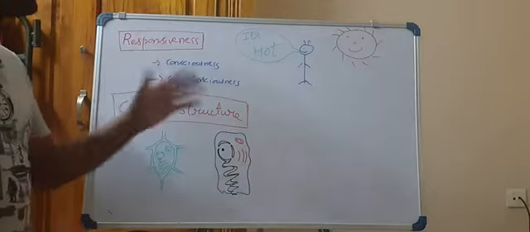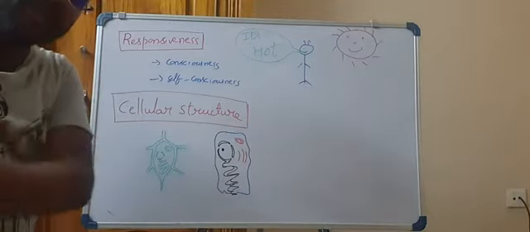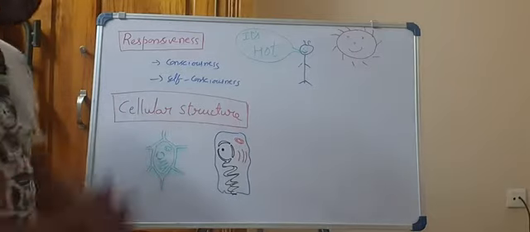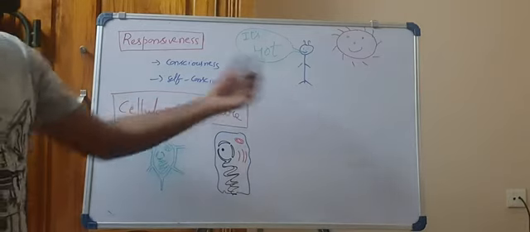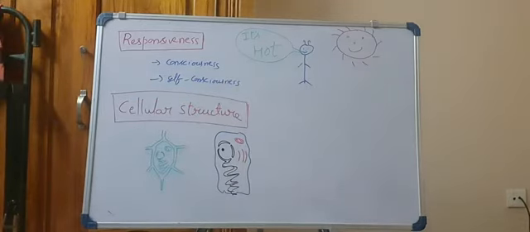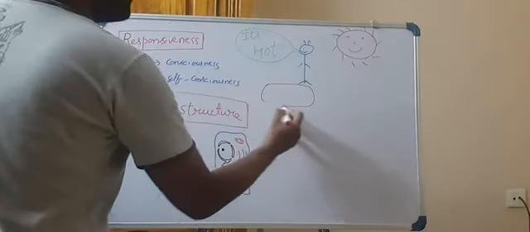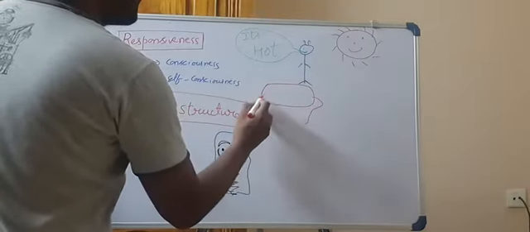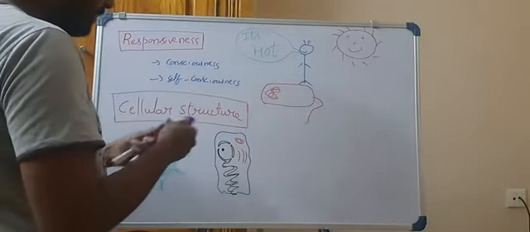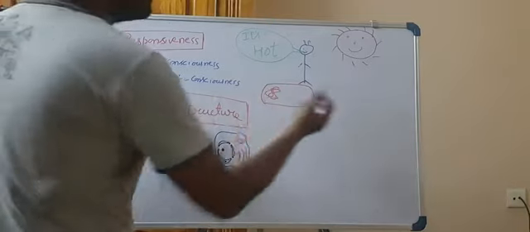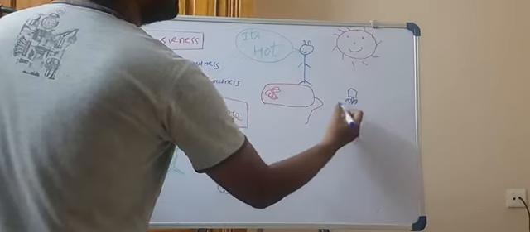And not only human beings, every living being, from bacteria to the big elephant, responds. Bacteria is a unicellular organism, a microbe, and it also responds to viruses. Say for example, a small virus is approaching this bacteria. The bacteria will recognize it by the chemicals which are released from the virus.